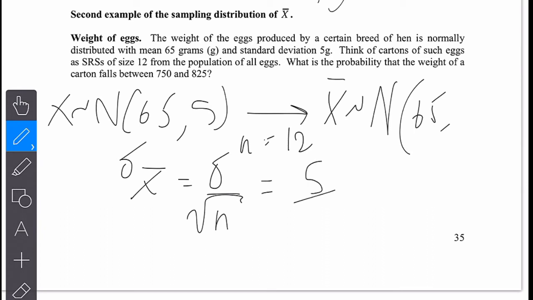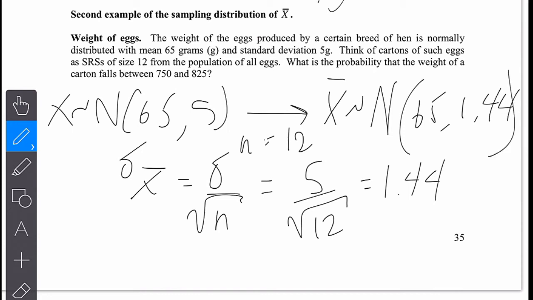I need to divide by the square root of 12, and that will be my new standard deviation. Punching that in, that's 1.44.